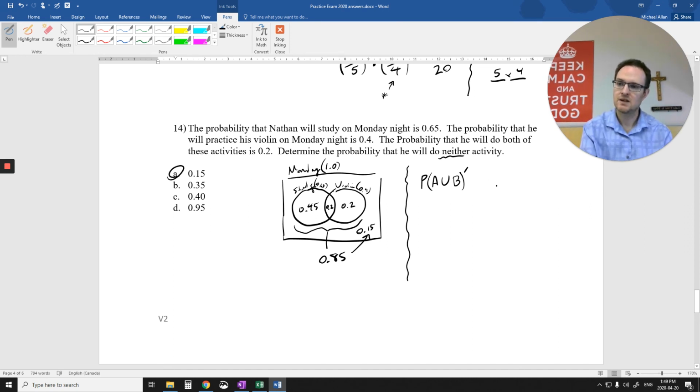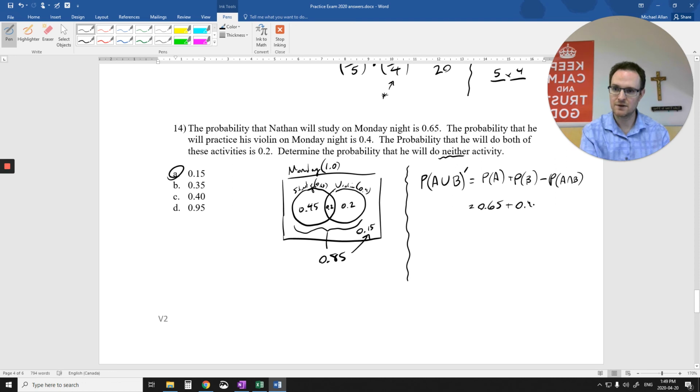All right. You could do this by doing the formula way. Say, okay, the formula says the probability of one event happening plus the probability of the other event happening, subtract the probability of them both happening at the same time. Now, the reason I can do this is because I have all this information. Like A, say, is the studying one.